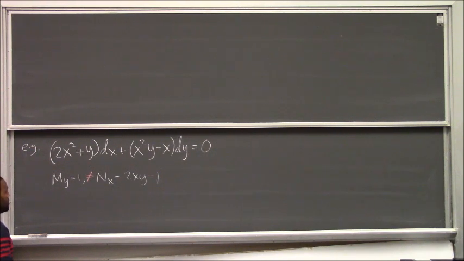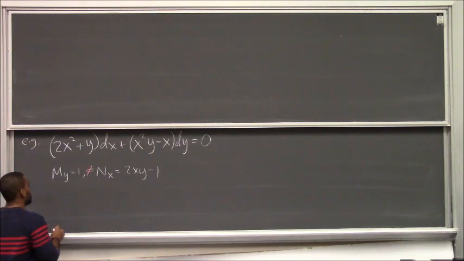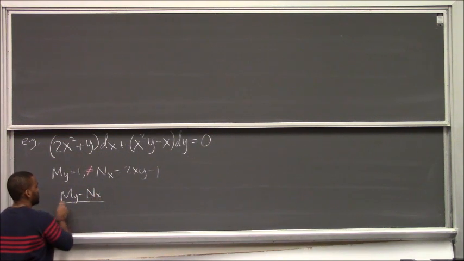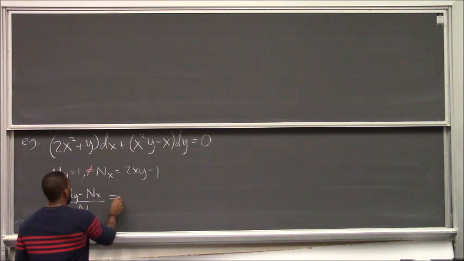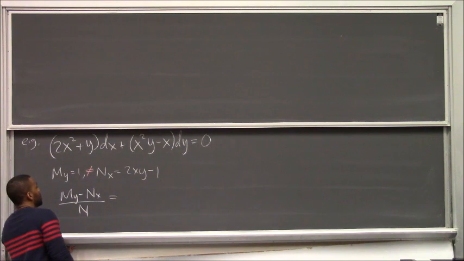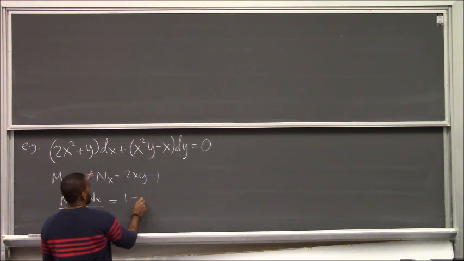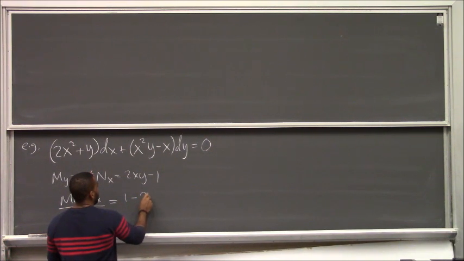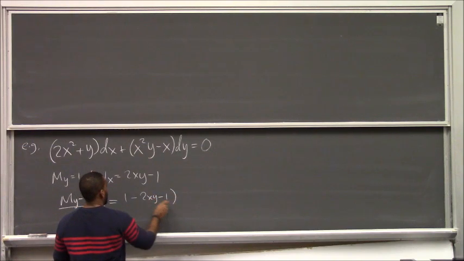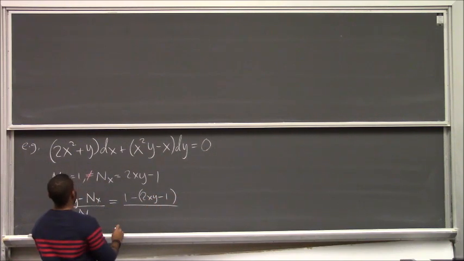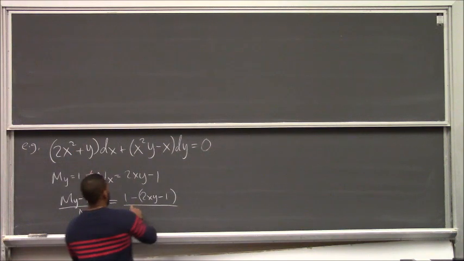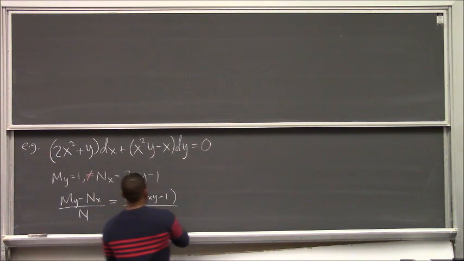It turns out it has an integrating factor where mu is a function of x, which means, what is the formula that we need to apply here? That is going to be 1 minus (2xy minus 1) over n, x squared y minus x.